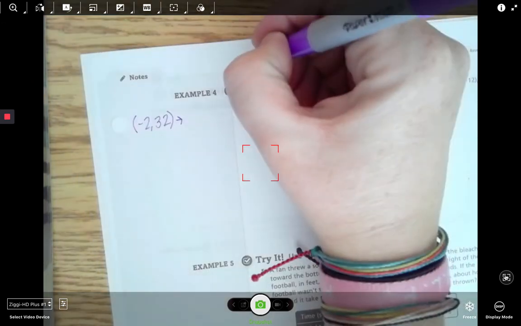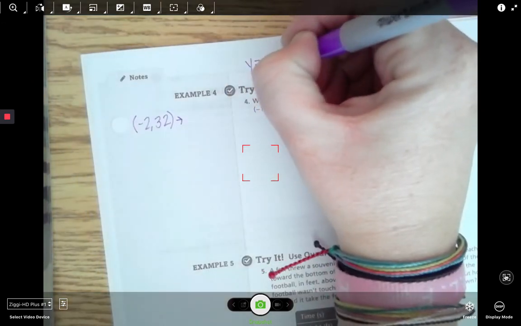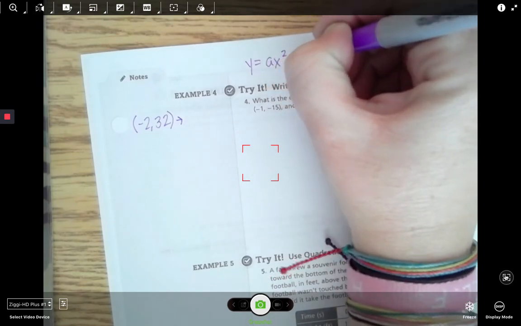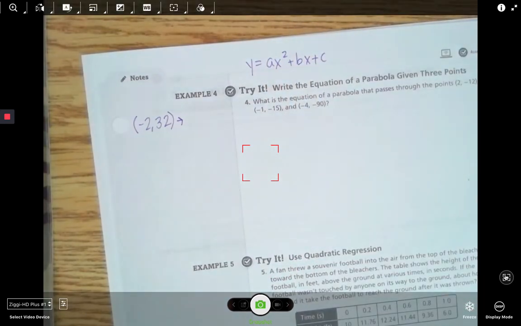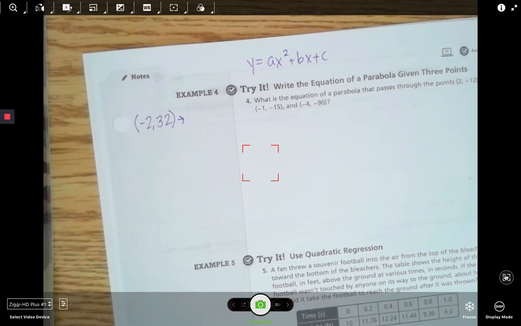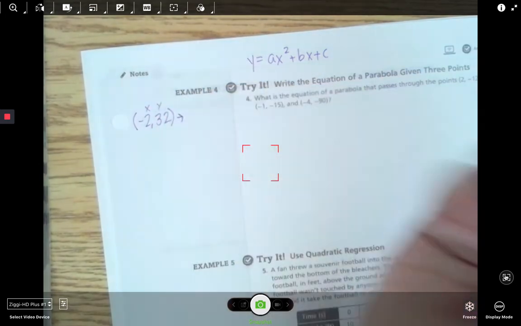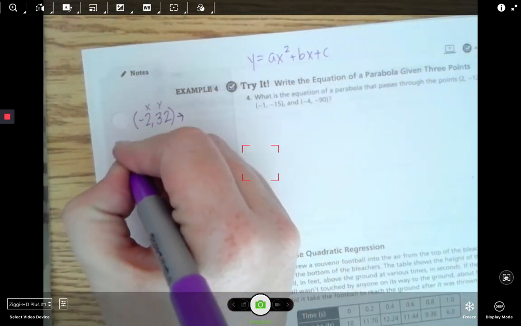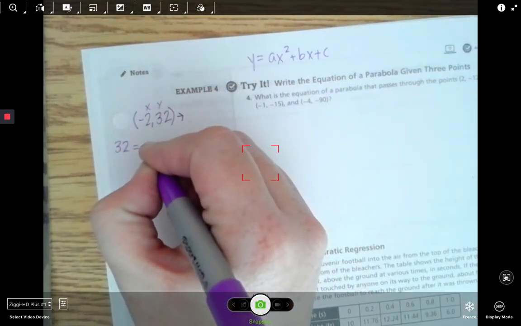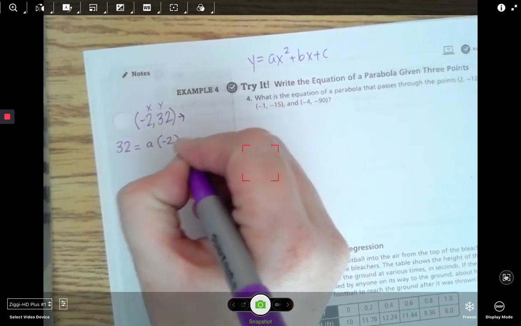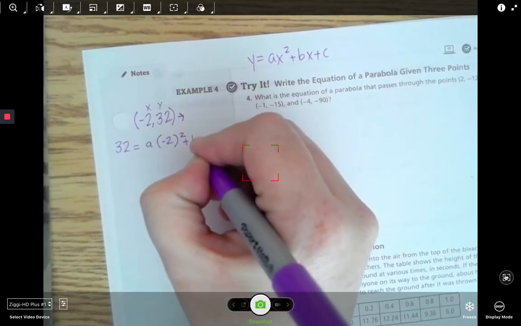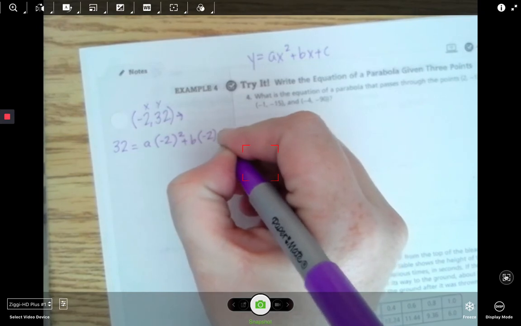So what we end up having to do, guys, is put x and y into the standard form of our equation, okay? You may be thinking, well, what do you mean? Well, this is x and this is y, correct? So we're going to say 32 is equal to a times negative 2 squared plus b times negative 2 plus c.